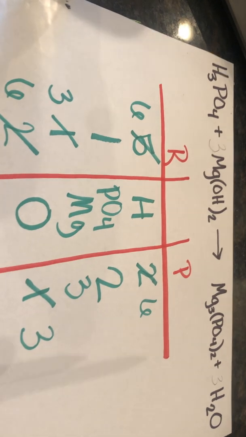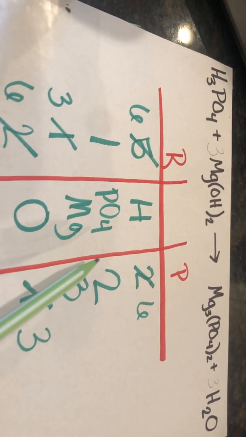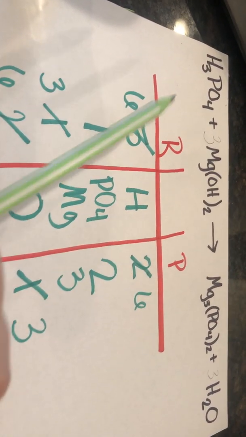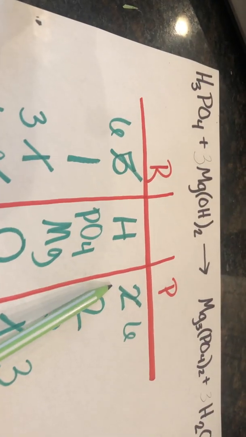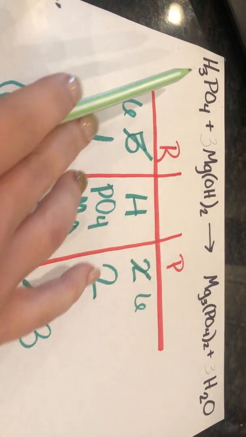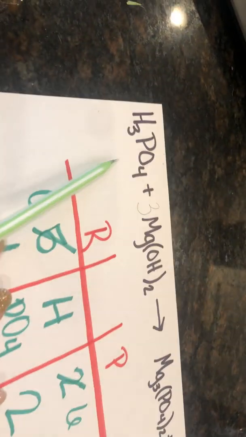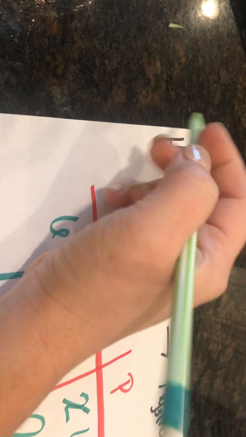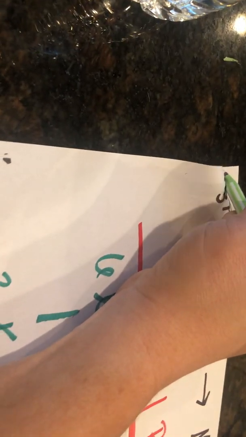I have 2 phosphates over here, but only 1 over here. So what do I need to do over here? Let's add a 2.